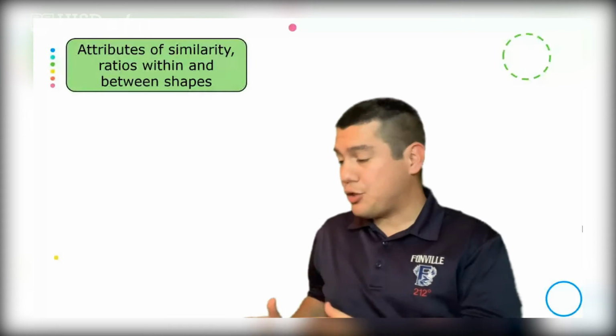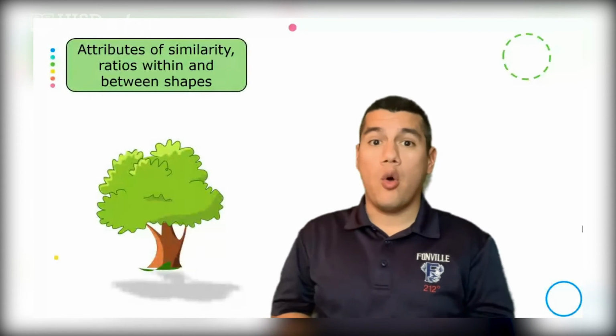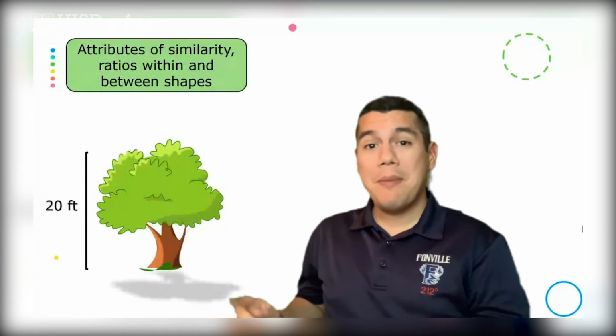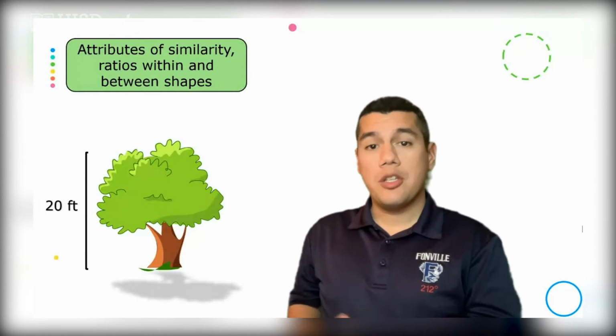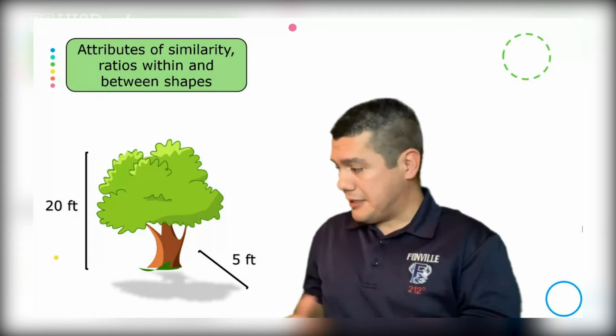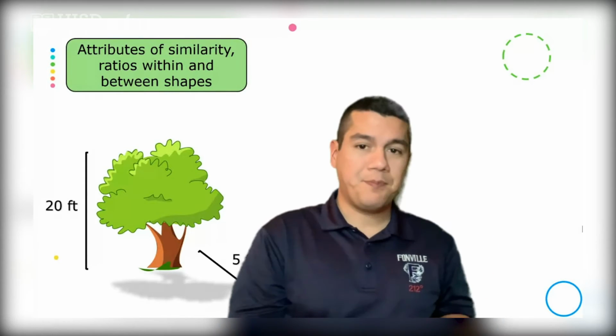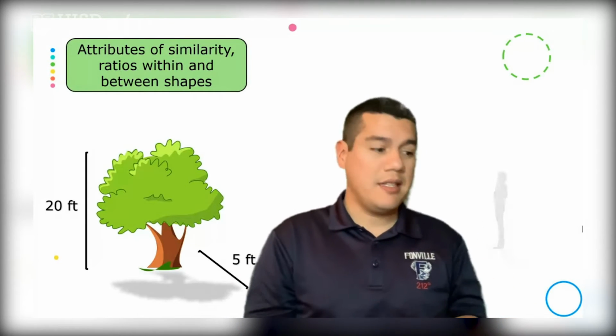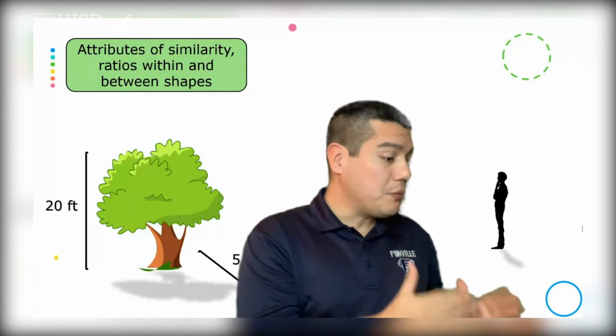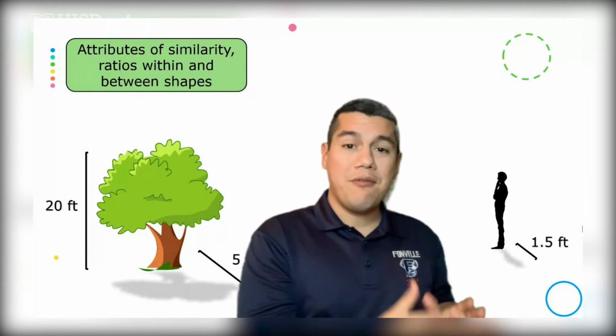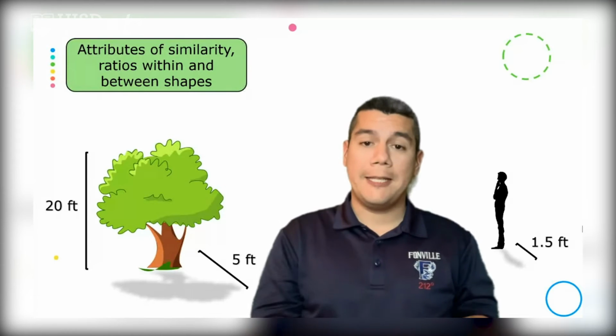It says that we have a tree that is 20 feet tall and it makes a shadow which measures 5 feet. Then we have a person standing next to it, and the shadow that the person makes is 1.5 feet wide.